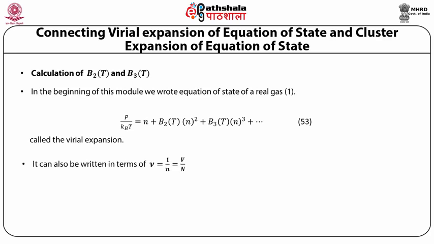It can also be written in terms of nu, which is equal to 1 upon n, which is the ratio of V upon N, that is the volume occupied by each atom or molecule. Therefore, P nu upon kBT is equal to 1 plus B2(T) into 1 upon nu plus B3(T) into 1 upon nu whole square.